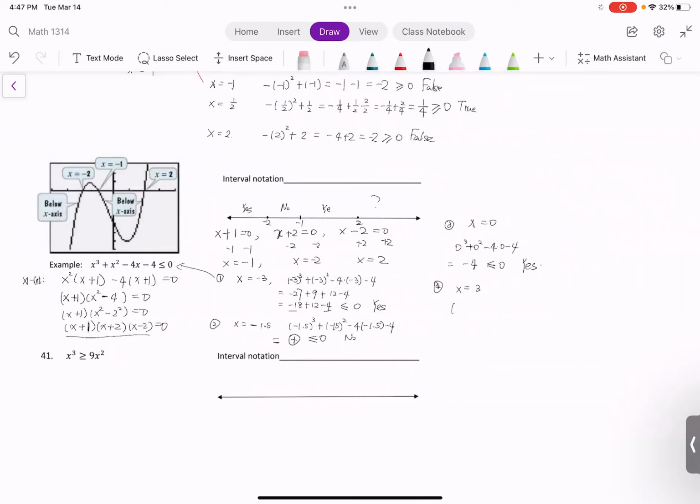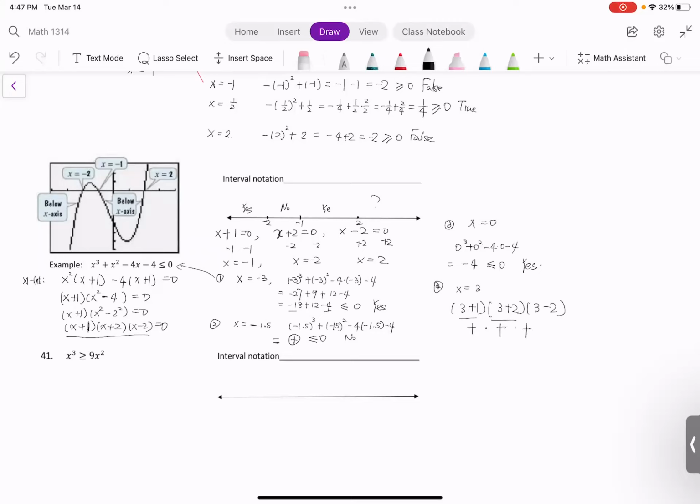Factored form. x plus 1 is 3 plus 1, times 3 plus 2, times 3 minus 2. Let's see if it is less than or equal to 0. So 3 plus 1 is positive, 3 plus 2 is multiplied by another positive, and 3 minus 2 is another positive.